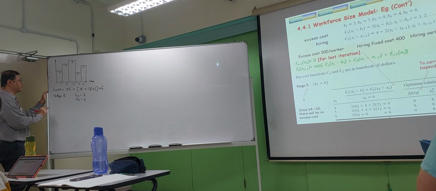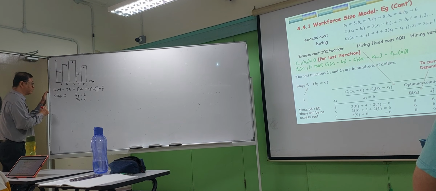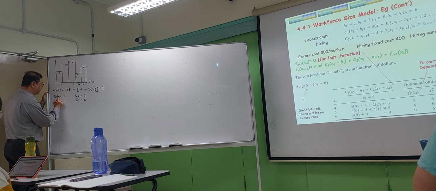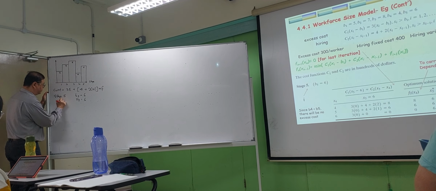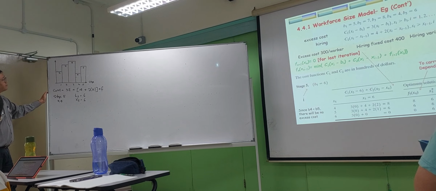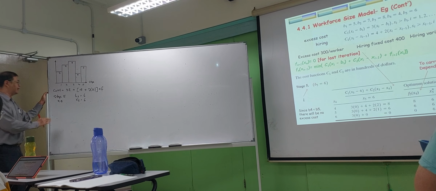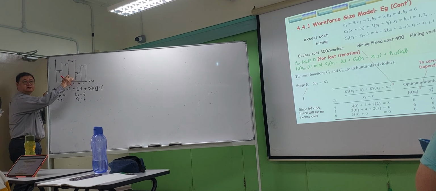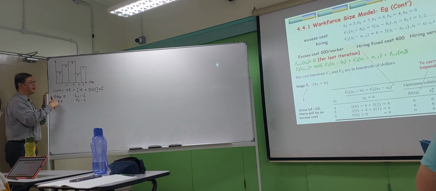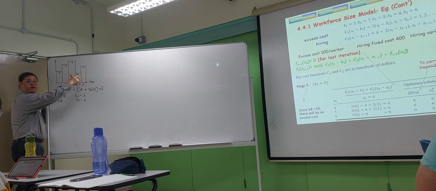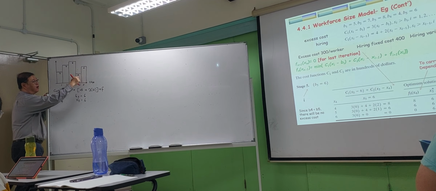Okay, now we look at stage number 4. So X4. What is the possibility of X4? Now, this is the one that you need to graph. Okay, how to determine the value? You always start with x4, before 4.